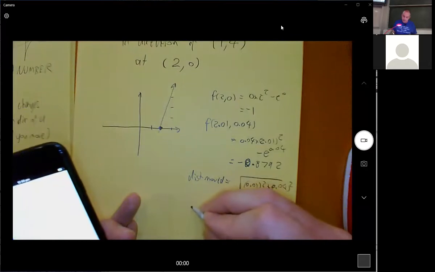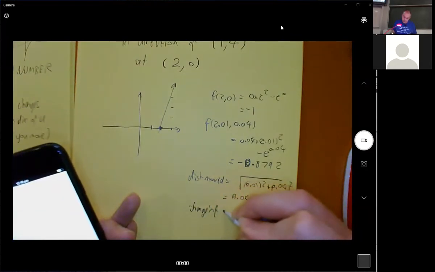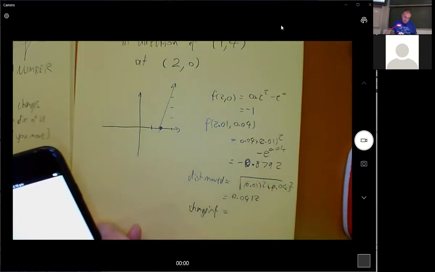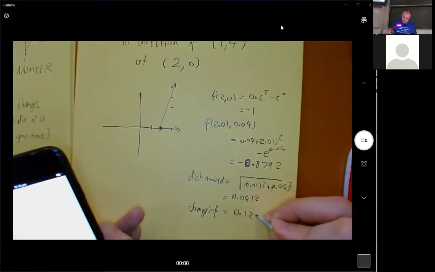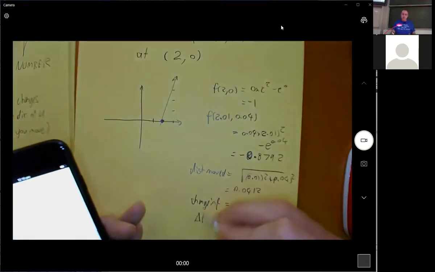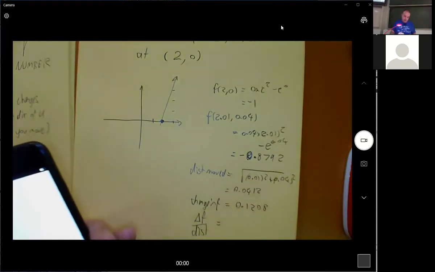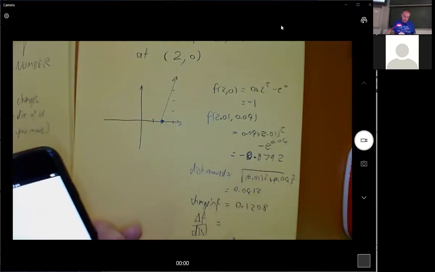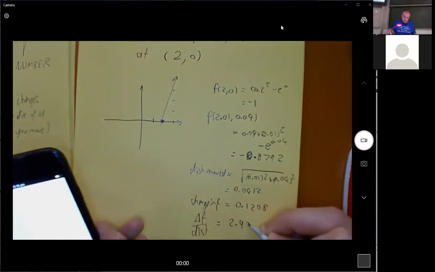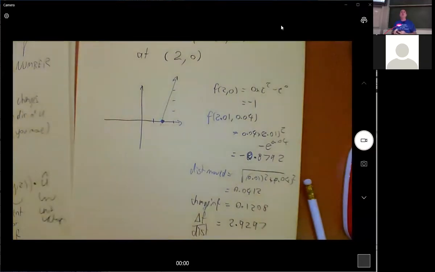And the amount that f changes is 0.120708, and so the change in f divided by the distance moved is about 2.9.